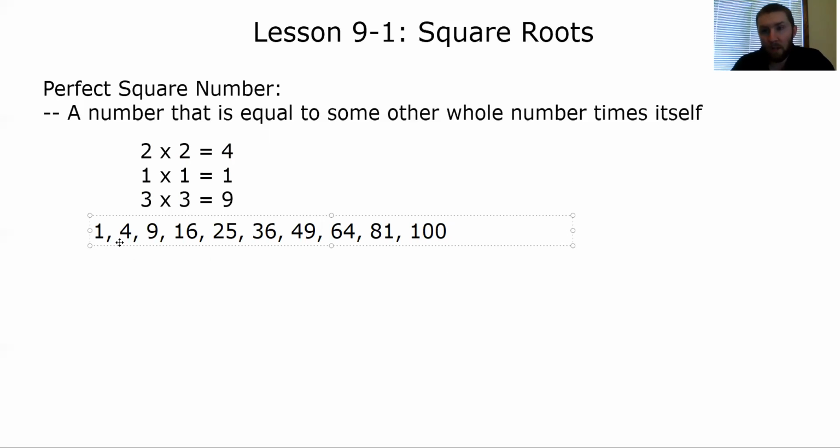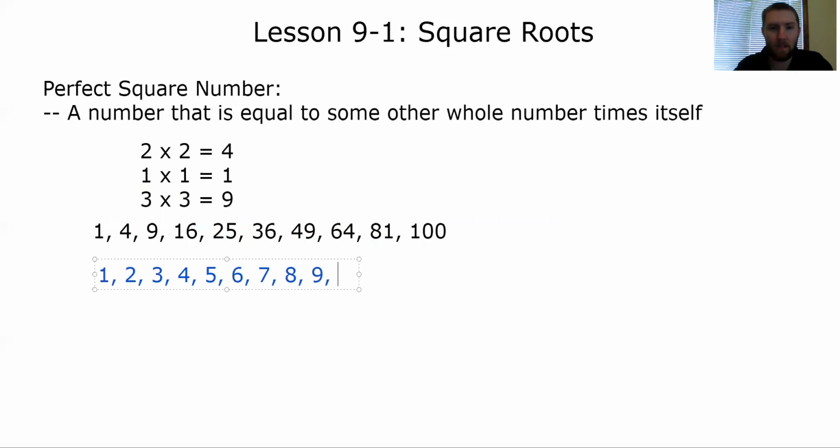Now, what number is multiplied by itself to give you those numbers? Well, I will make that a separate list down here, and let's just do it in blue maybe. 1 times 1 is 1, 2 times 2 is 4, 3 times 3 is 9, 4 times 4 is 16, 5 times 5 is 25, 6 times 6 is 36, 7 times 7 is 49, 8 times 8 is 64, 9 times 9 is 81, and 10 times 10 is 100.